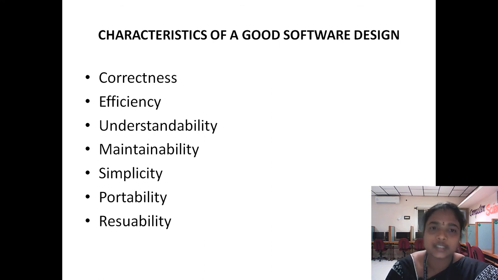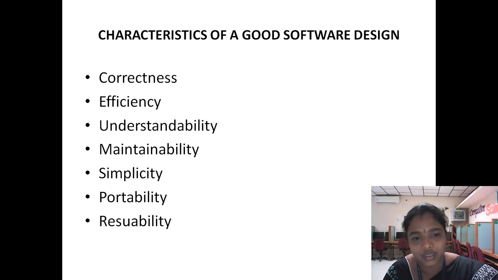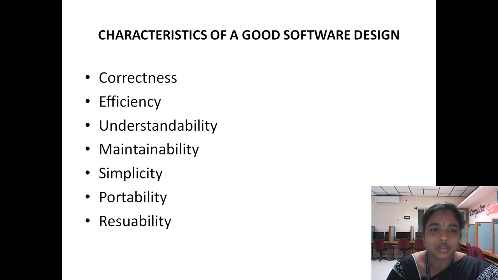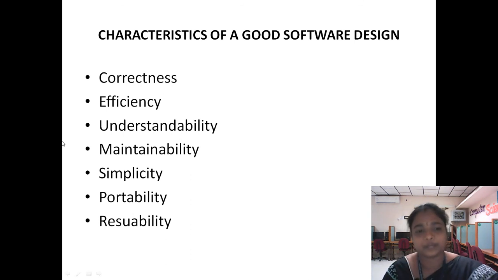The next characteristic is maintainability. A difficult and complex design would take a longer time to be understood and modified. Therefore the design should be easy to modify. We have to maintain it regularly, and maintain changes that occur while developing.